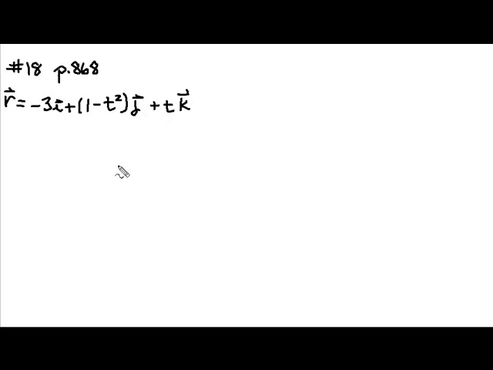Okay, now there are a couple of ways to think about this as we try to describe the graph. Now, one very good clue as to what this graph is going to look like is that one of the coefficients is a constant. So if you notice, x equals negative 3 in every set of coordinates on this graph.